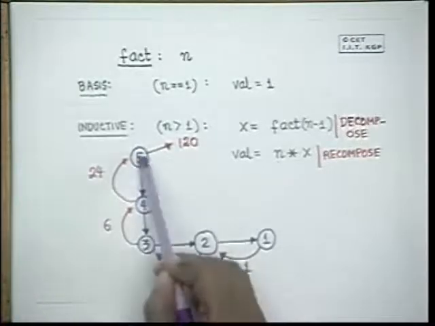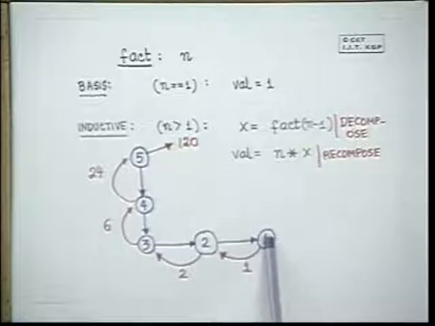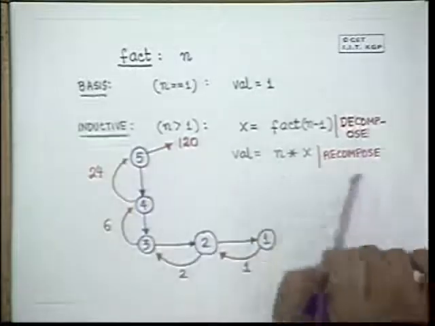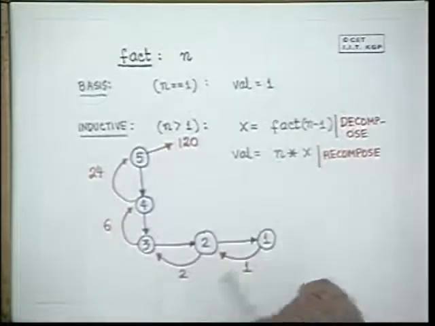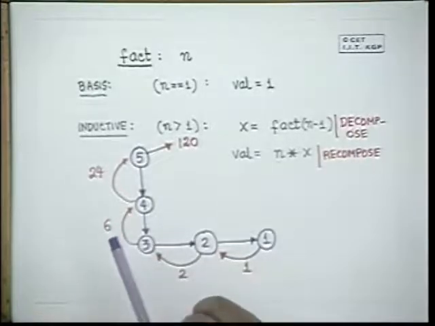So there is a sequence of decomposition, returning, and some recomposition occurs back here. At a node, two things occur: one is decomposition and one is recomposition. So we can look at such problem solving mechanisms in two ways, a decomposition phase and a recomposition phase.